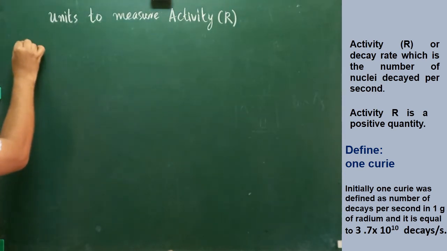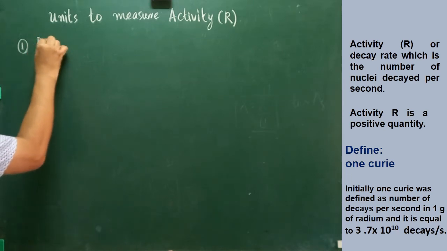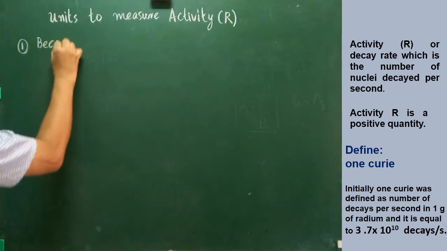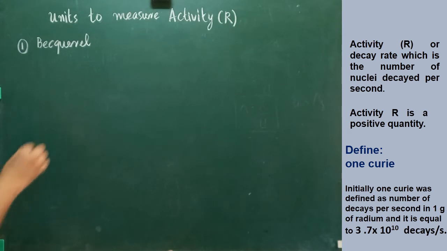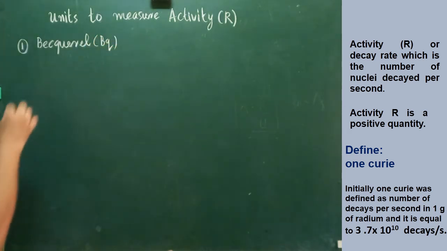The first basic unit is becquerel. To honor the scientist Becquerel, we are using this unit. Simply it can be called BQ. So becquerel is the very fundamental unit, and this is the smallest unit.